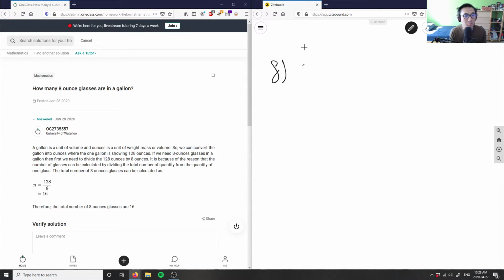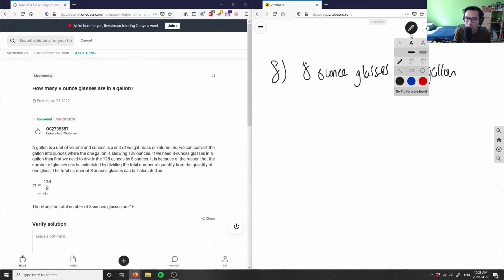We need our table here, right? So let me write this down first. So I have 8-ounce glasses in a gallon. And then we are figuring out how many 8-ounce glasses are in a gallon. And we have to write down our table for empirical systems, right?